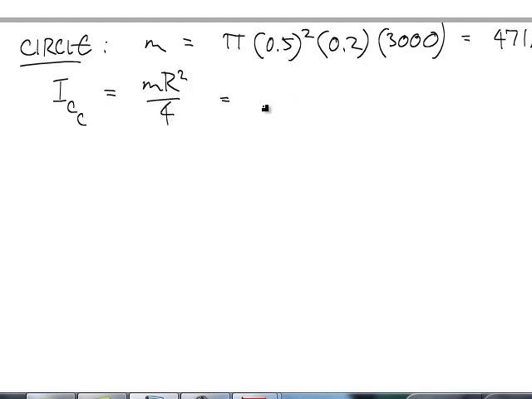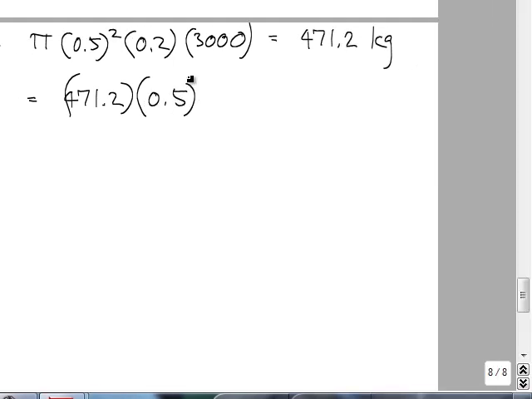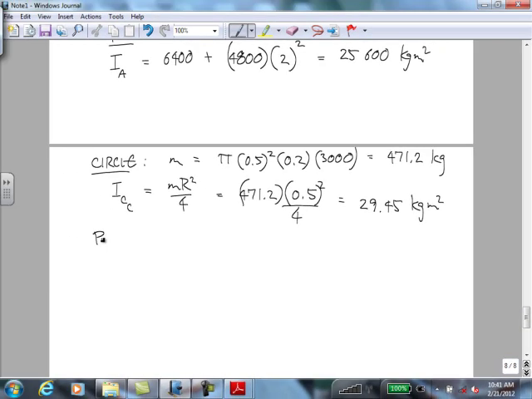And now the parallel axis theorem says the moment of inertia about A is equal to 29.45 plus md squared. What's d for this? 3, yep.